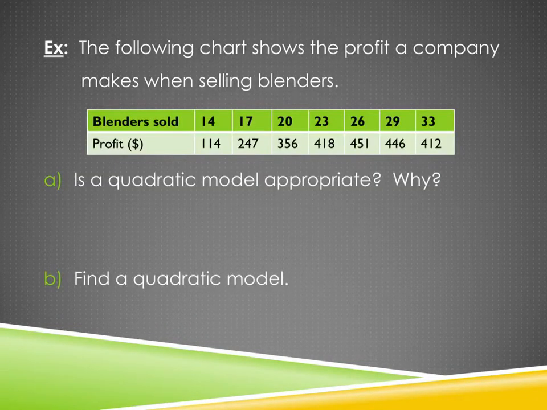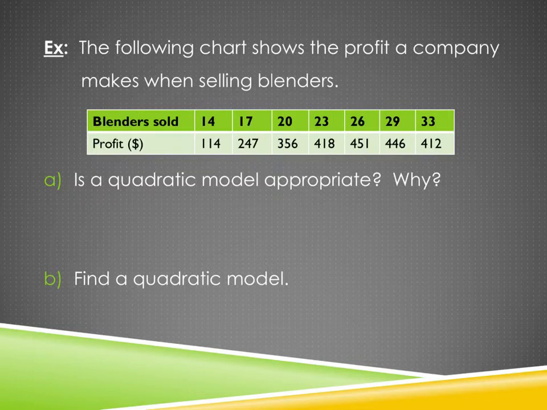Okay, if you don't have it out already, go ahead and grab your calculator. We have a chart here. The following chart shows the profit a company makes when selling blenders. So we're going to put in our scatter plot. So the lists, L1 and L2, underneath the stat menu, these data points.